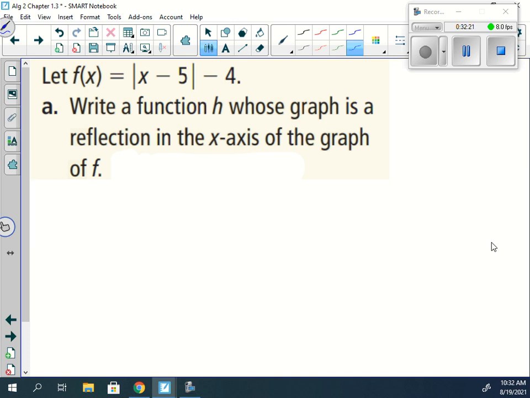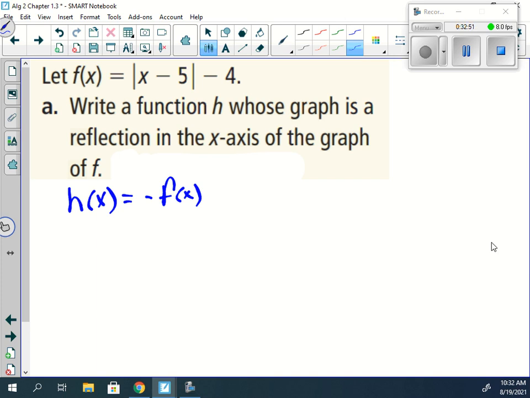We good? Okay. So does anybody have a guess at what the reflection across the x-axis of this function would be? So it would be the negative f of x, and the function itself would be? Almost. So when we said our new function is going to be negative f of x, yes?